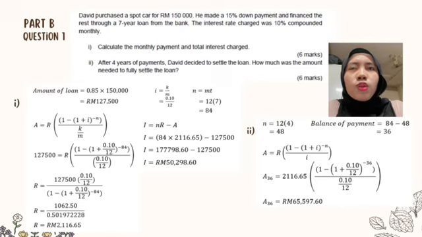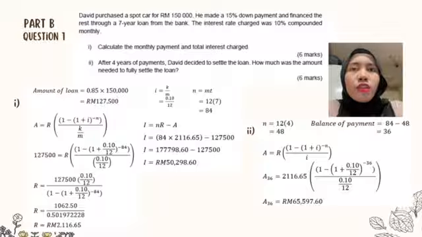We are still going to be using the same formula, but this time we are going to change our n. We want to know how much he already paid. So n equals 12 times 4, which is 48. Those 48 payments have been made for the first 4 years. Now, we are going to find the balance of payment, which is 84 minus 48 equals 36 payments left.